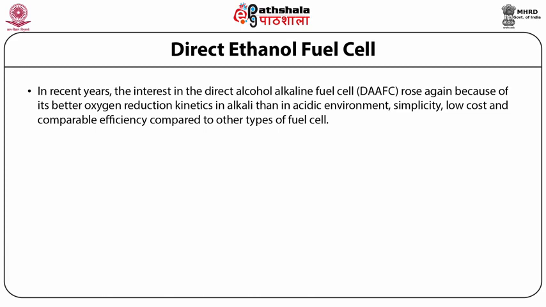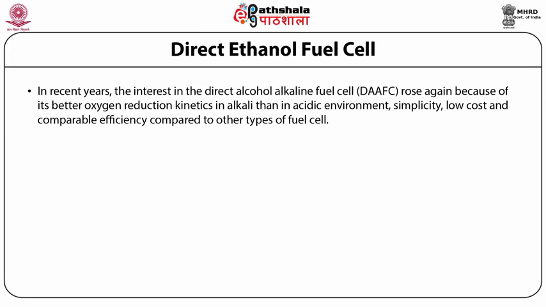In recent years, the interest in the direct alcohol alkaline fuel cell rose again because of its better oxygen reduction kinetics in alkali than in acidic environment, simplicity, low cost and comparable efficiencies compared to other types of fuel cell.